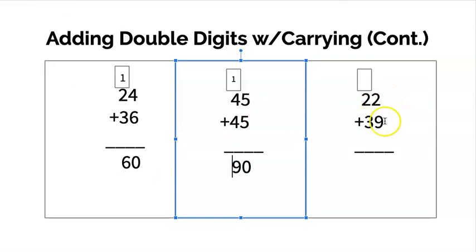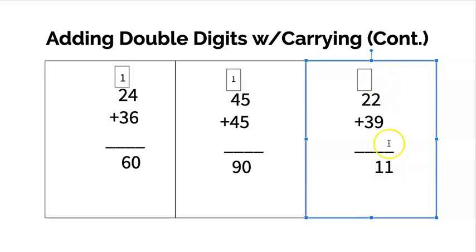All right, 2 plus 9 is 11. So if we have 11, let's look at it. Here's 11. In the number 11, there's a 1 in the tens column and a 1 in the ones column.